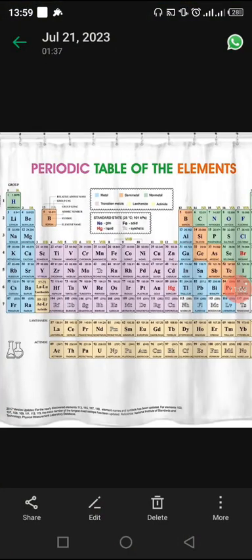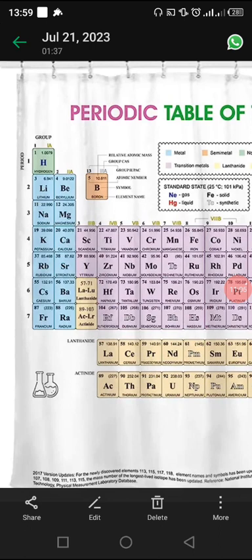This is a periodic table, and sodium is in group 1, which means it is charged positive, positive 1. For a metal, always the charge has to be positive. Non-metal, the charge has to be negative, which means it is receiving or gaining the electrons. If it is positive, as in metal, they are giving out electrons.